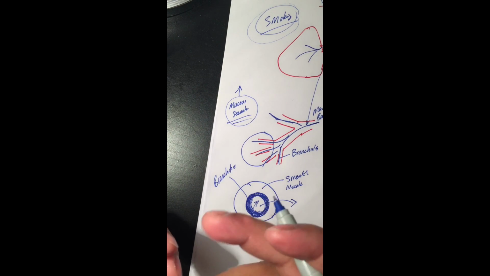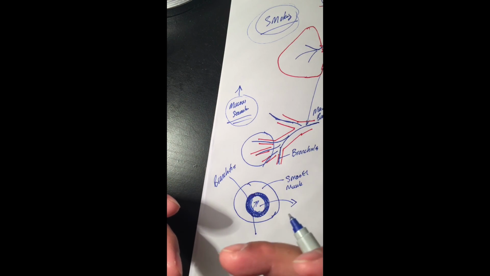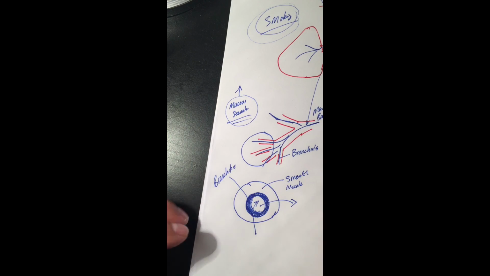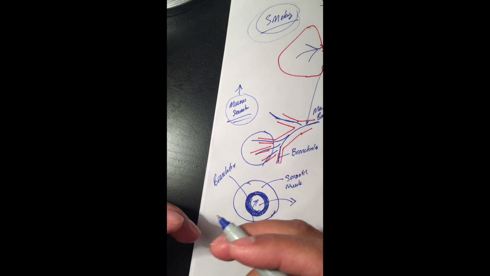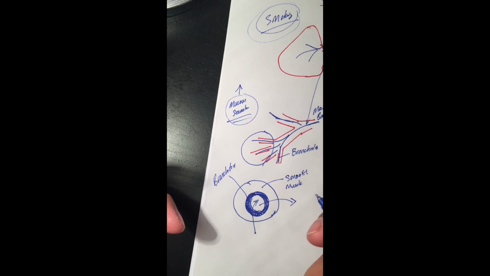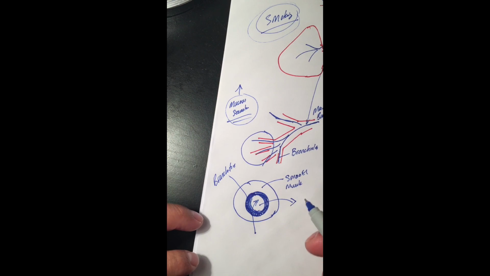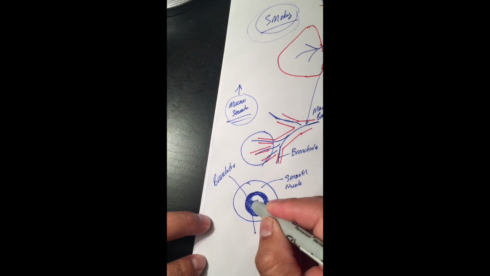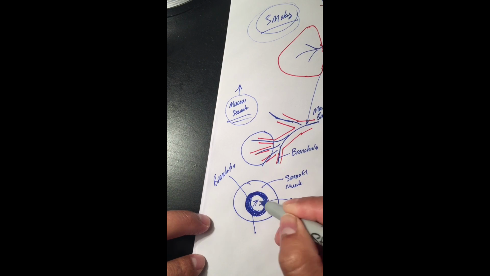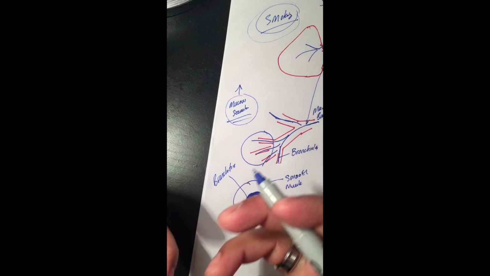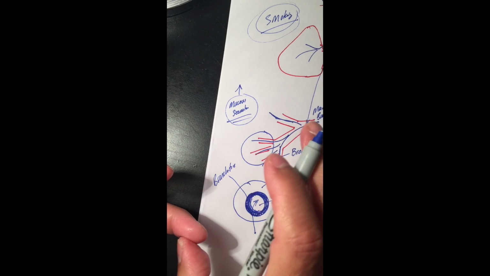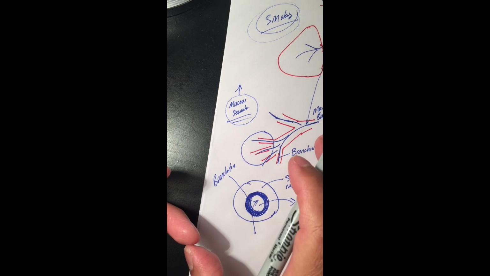Again, we have smoke, which causes irritation or inflammation in the bronchioles. That's all really bronchitis is, inflammation of the bronchioles. As a result, you have increased mucus production, which is going to inhibit how much oxygen comes in, how much CO2 goes out.